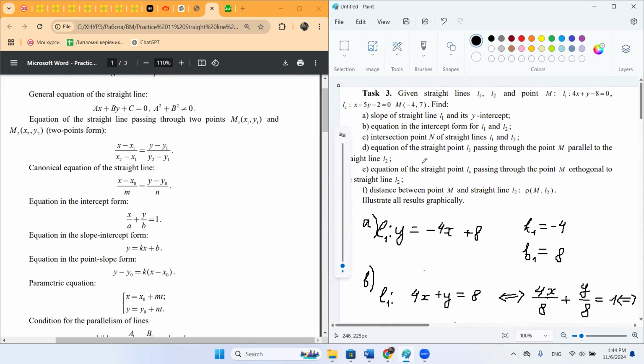Moving next. We need to write down the equation of a straight line, not point but line. That was a mistake, and I will also have to fix it there and copy-paste.